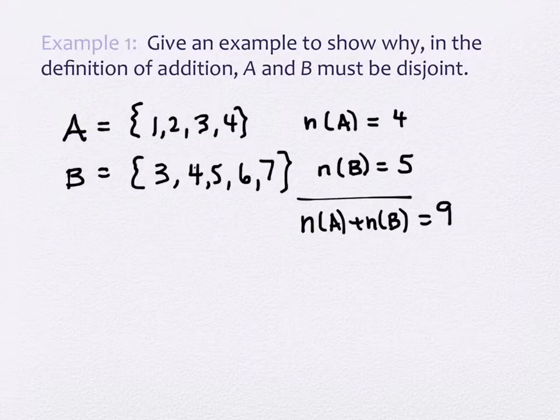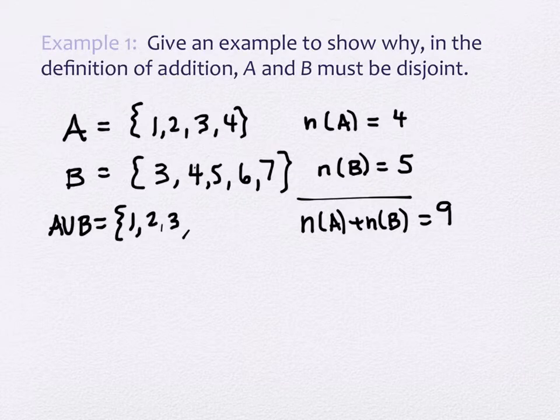Let's use what we know from set theory that we just finished. What is A union B? I don't want to know how many things are in it, I just want you to tell me the things that are in it right now. 1, 2, 3, 4, 5, 6, and 7.